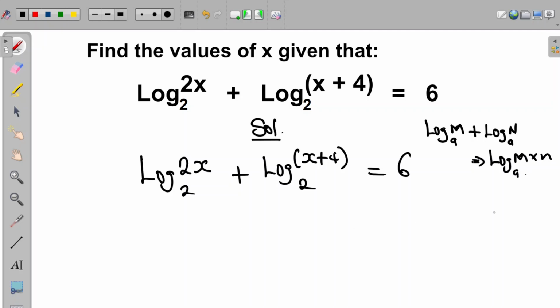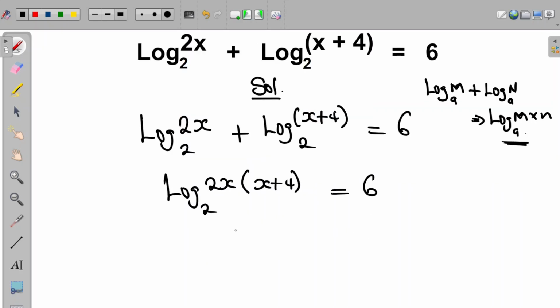So therefore, we apply this law at the left-hand side. The equation becomes log of 2x multiplied by (x plus 4), all in base 2, equal to 6.